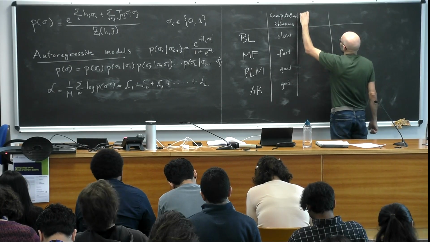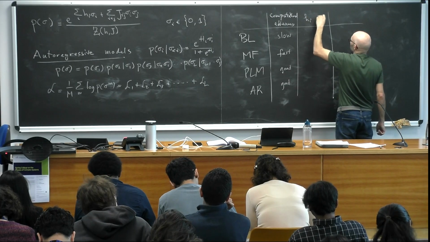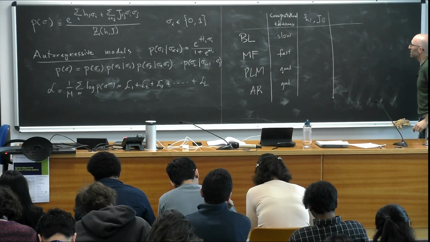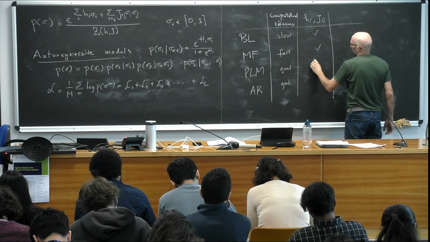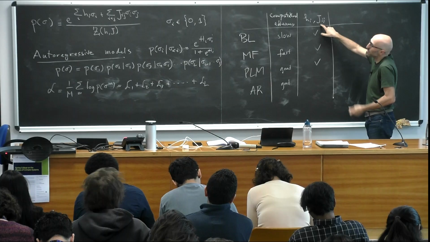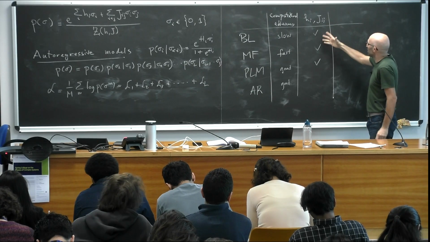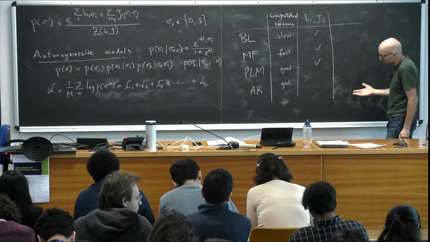Then you can ask what kind of information you can get from the couplings and the fields. And this is, I would say, comparable for these three methods. So if you, for example, try to look at the biggest couplings that you have, we will see in proteins that the biggest couplings are related to contacts.